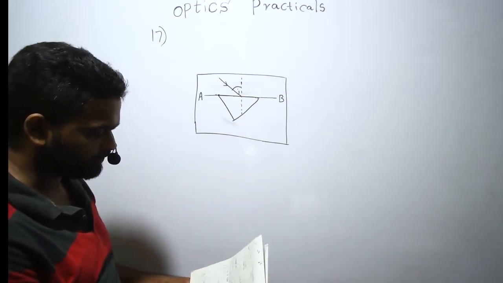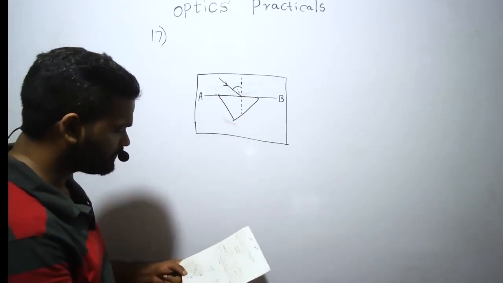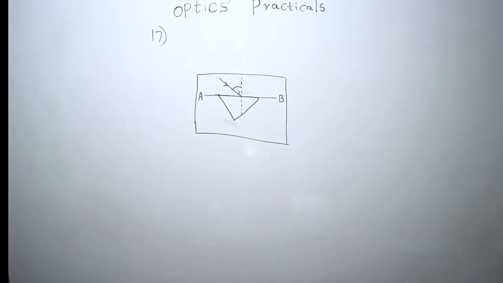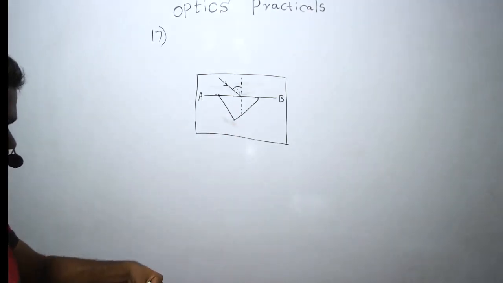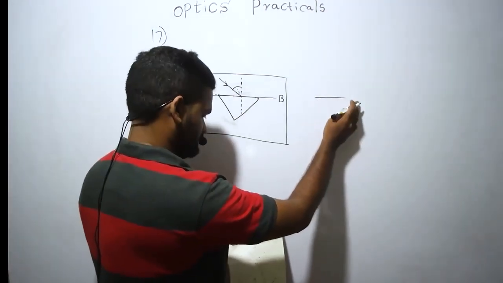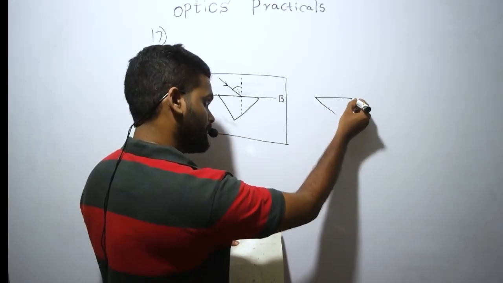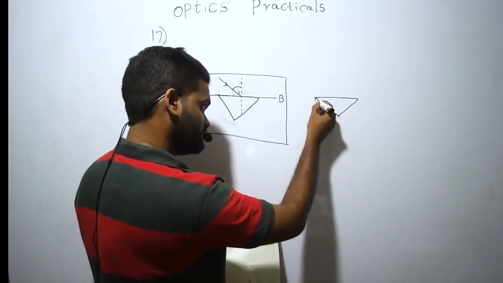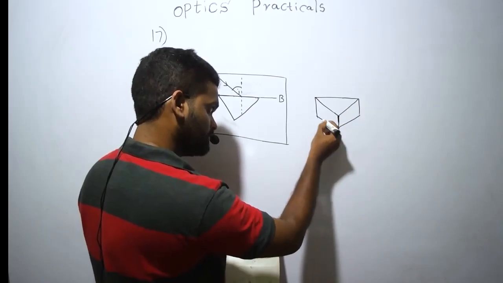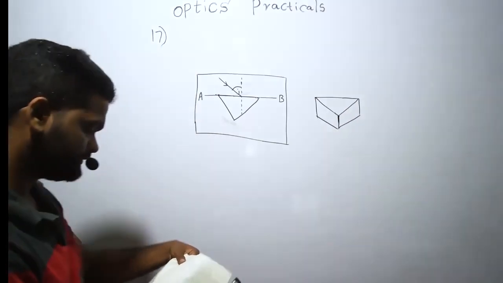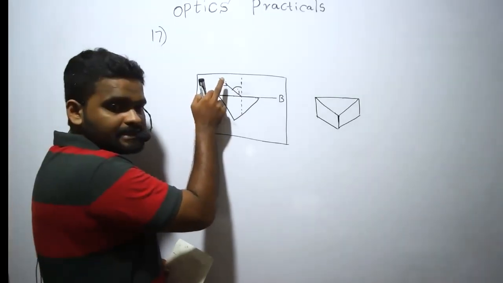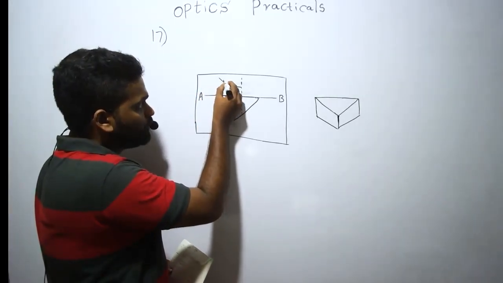So this is how you would see that. You have the prism here. On this line, you place 2 optical pins.